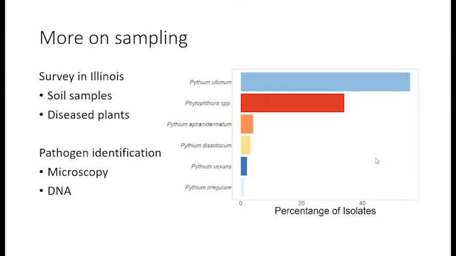So on the sampling area, that second step, I also wanted to share some of the results we have found from these samples that people have been sending to us, or we've collected from fields across Illinois. And this is again for the soybean samples that we've been getting from both soils and diseased plants.